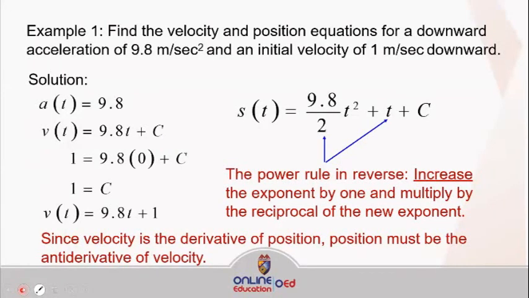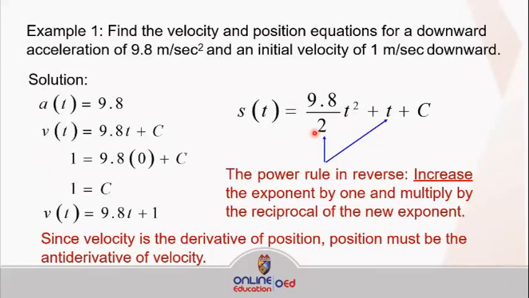Then for the continuation, for the formula, s of t is equal to 9.8 over 2 t squared plus t plus c. It's based on this, it's just an antiderivative. That's why we have t squared over 2. Before, when we derive using the power rule, we have n times x raised to n minus 1.